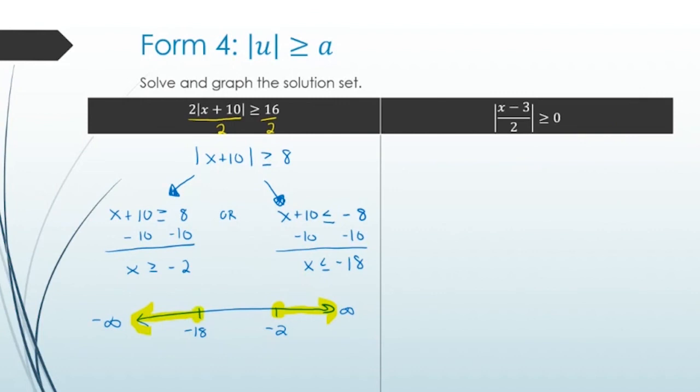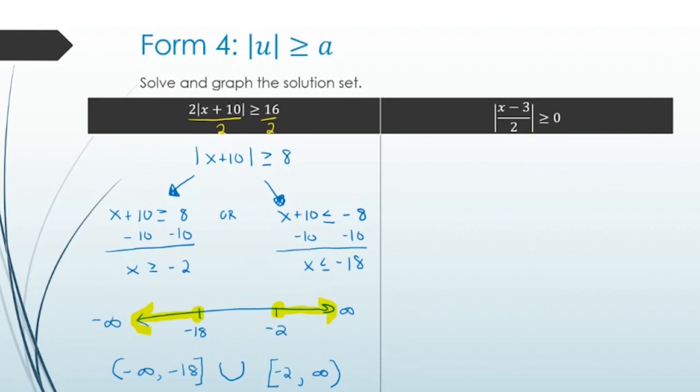So now, as far as the interval notation goes, at negative infinity, that's the left side, that always has a parenthesis, comma, then my highlight stops at negative 18, and it's included, so I have a bracket facing towards where I've highlighted. Then I have to union the 2 pieces together because we have 2 sections. My next endpoint is at negative 2, and that's included, so it's a bracket facing towards where I've shaded. Then comma, and then I end at infinity, which always has a parenthesis, and that's going to face the shading. So now we've got 2 separate sections, which are the solution to this problem.